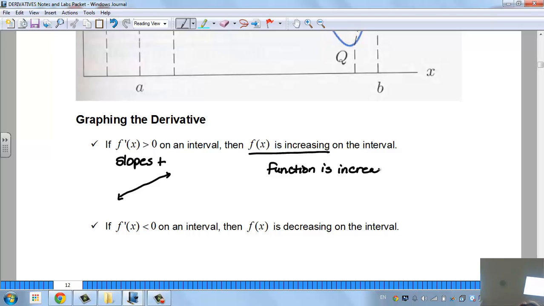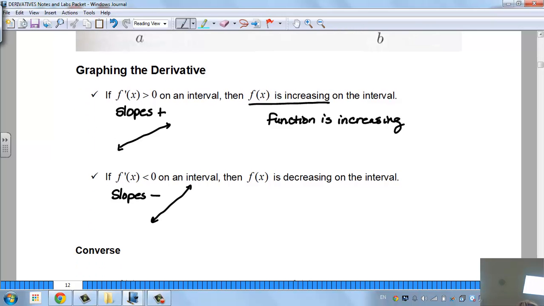If the other way, if f prime of x is less than 0, if my slopes are negative, so the line looks like this, that means my original function is decreasing. And it's like a clue. You can tell by looking at the derivatives.